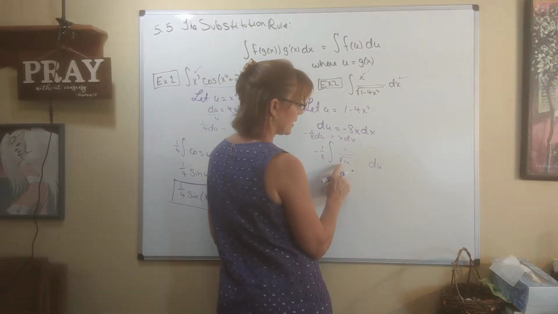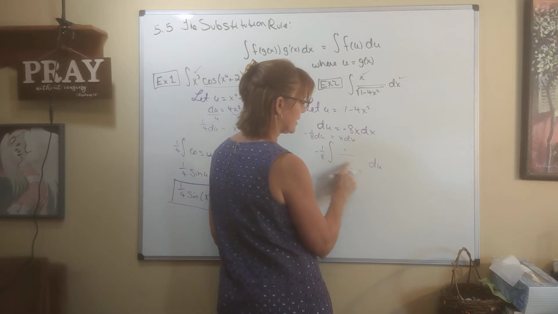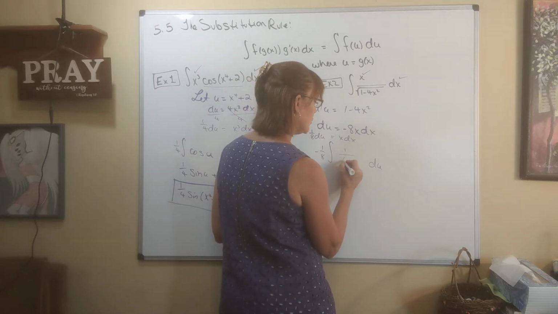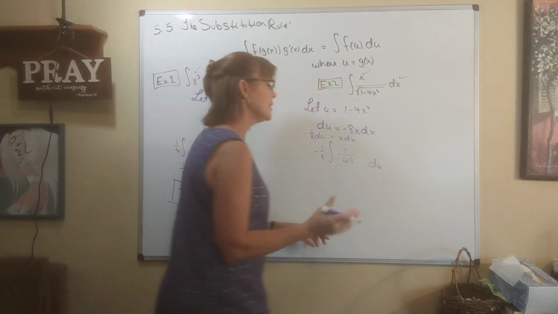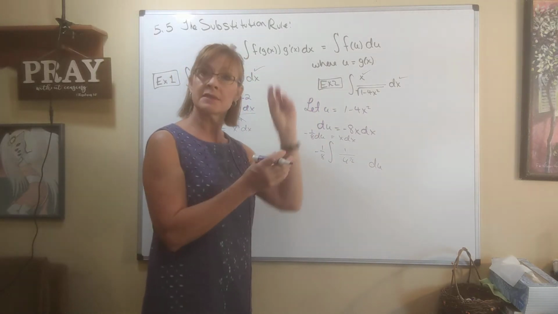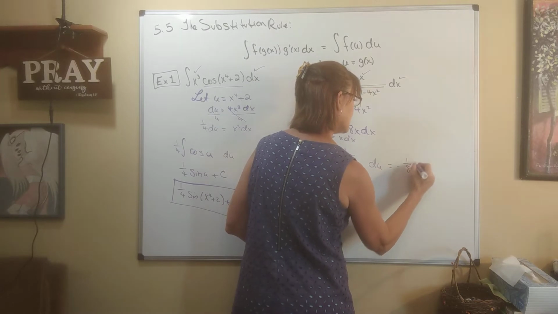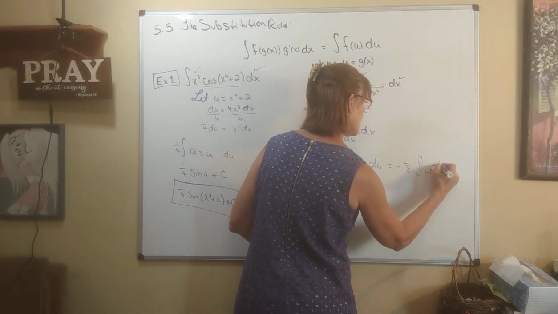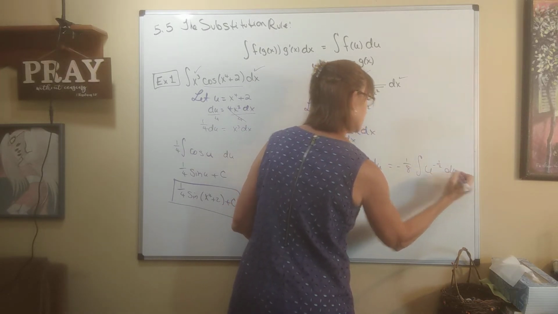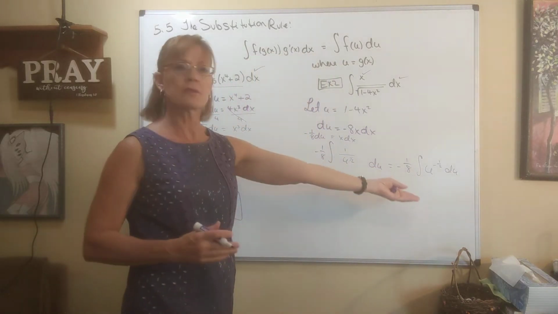So if I rewrite the square root of u, I can rewrite that as u to the 1/2. And then if I cross the fraction bar, it becomes a negative 1/2. So this is equivalent to negative 1/8, the integral of u to the negative 1/2 du, like that.